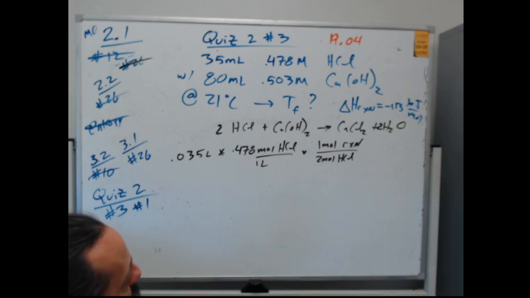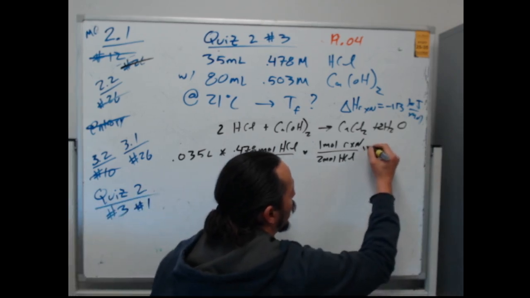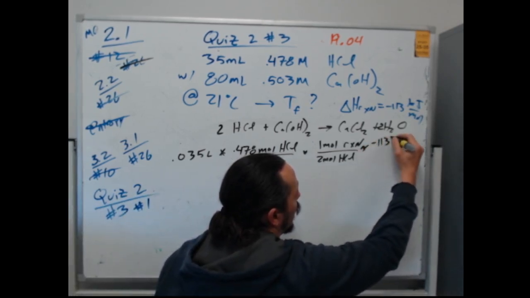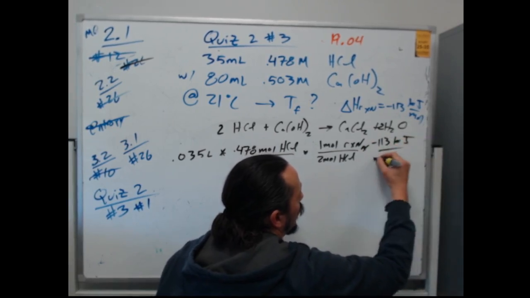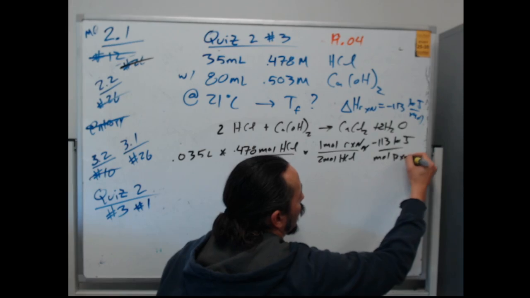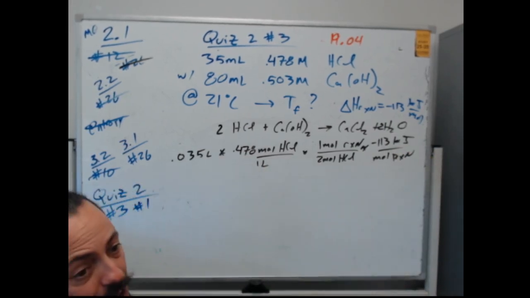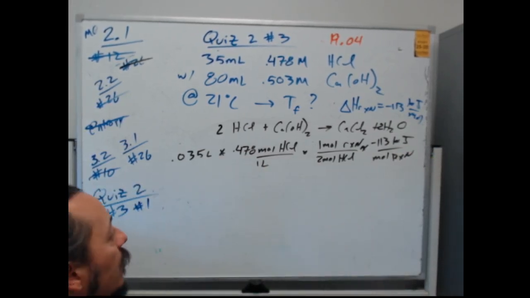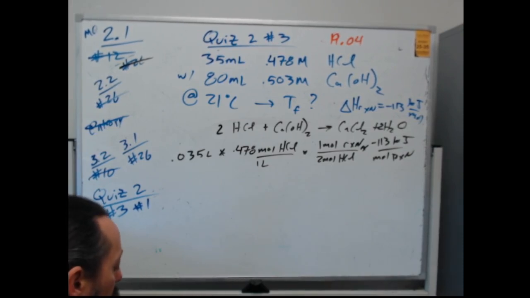Then the delta H of reaction, times negative 113 kilojoules per mole reaction. That will get me my energy out from the reaction happening. 0.035 times 0.478 times negative 113 divided by 2.